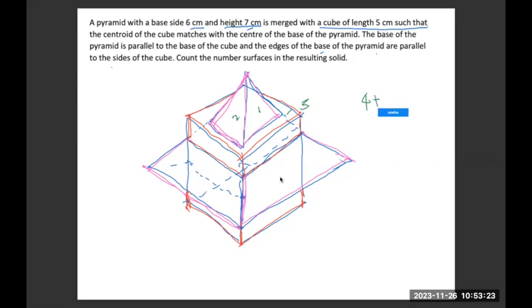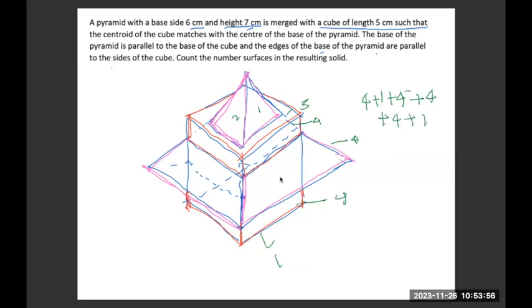Okay, so 4 plus 1 plus 4 plus 4 plus 4. This will have 4 surfaces. This will have 4 surfaces. The base will also have 4 surfaces. Bottom will have 1 surface.